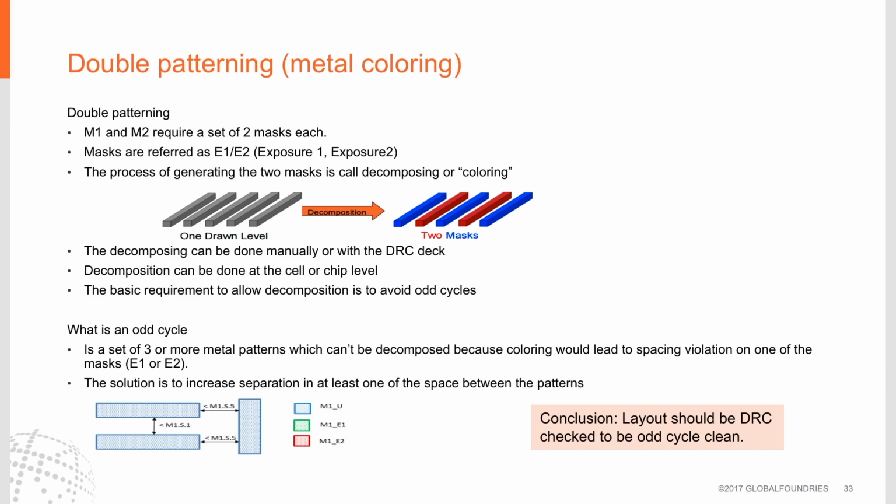An odd cycle violation is a set of 3 or more metal patterns which can't be decomposed because the coloring would lead to a spacing violation on one of the masks. So the solution to that problem is to increase the separation in at least one of the spaces in order to allow for automatic decomposition. So the layout needs to be design rule clean as well as odd cycle clean.